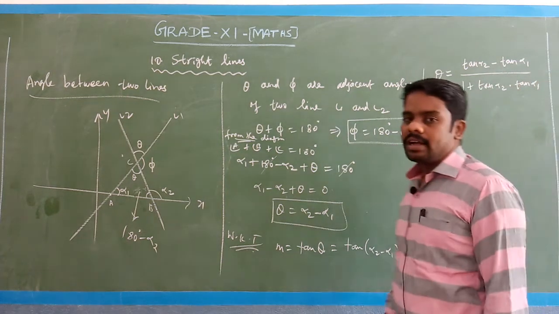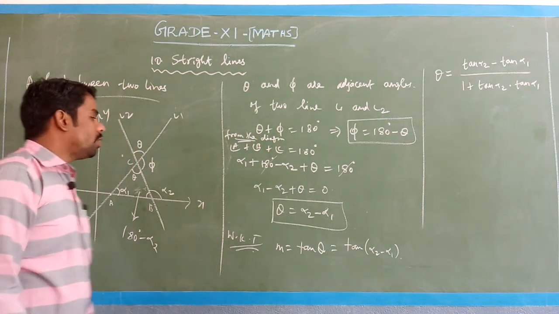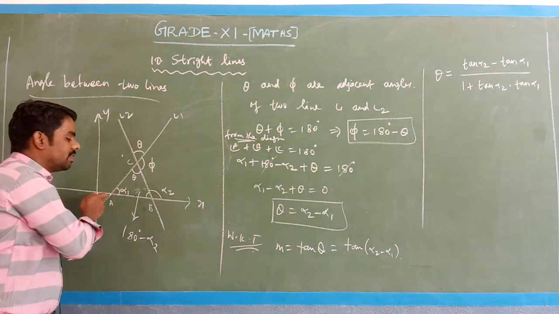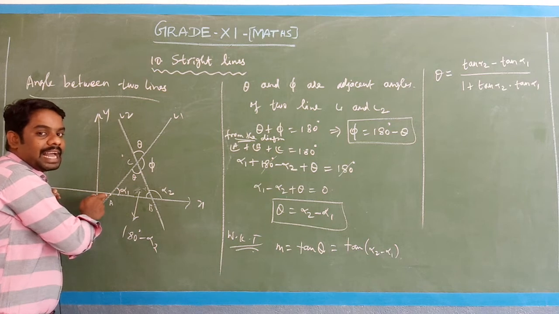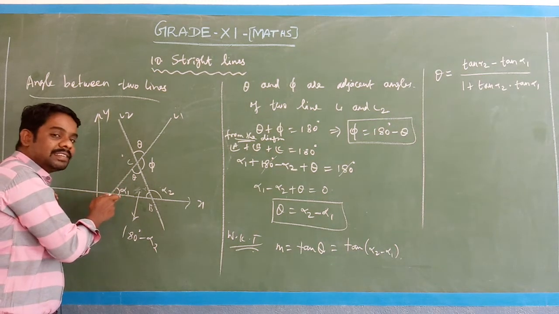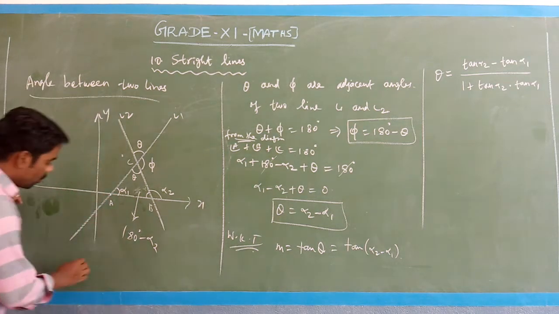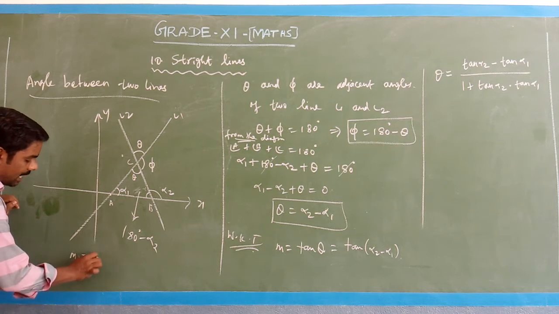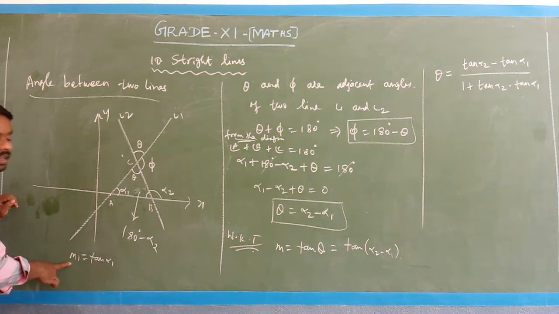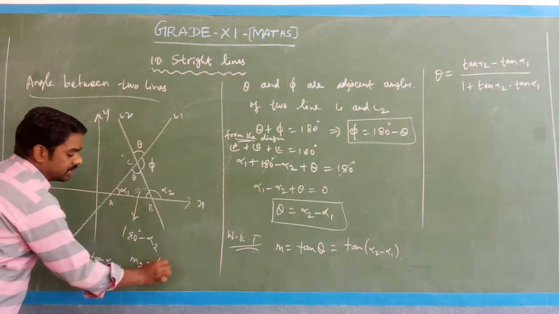You know the slope of the line L1: the angle of inclination is alpha 1 with the x axis, then the slope of the line is tan alpha 1, called m1. So m1 is equal to tan alpha 1, m1 is the slope of the first line, and m2 is the slope of the second line, so tan alpha 2.